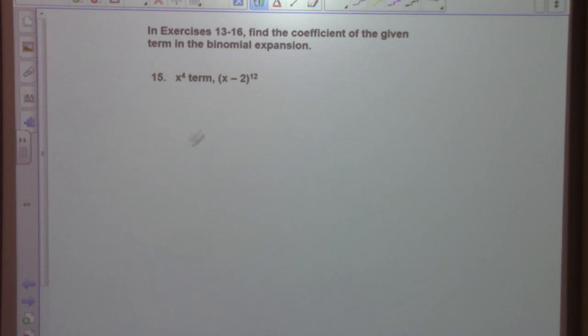We know if we have x to the 4th, it's going to be y to what power? To the 8th, right? So our answer is going to be 12 choose 8, which would give us our coefficient of expansion. And it's 495.